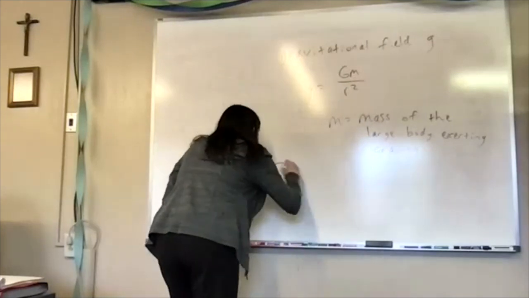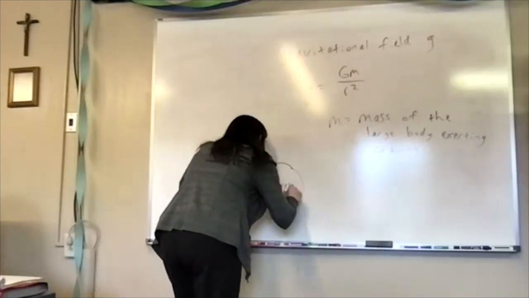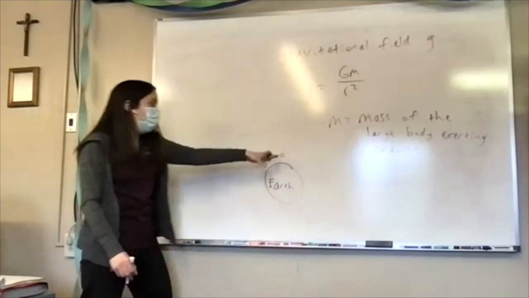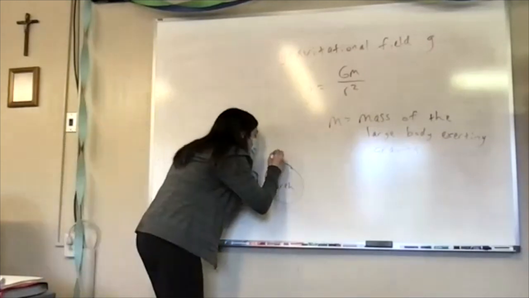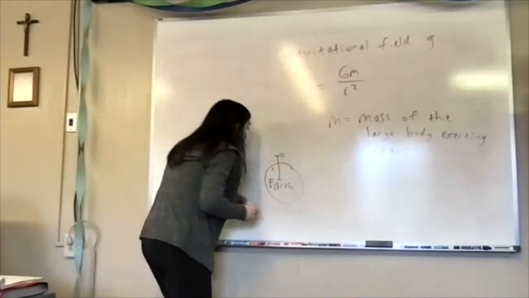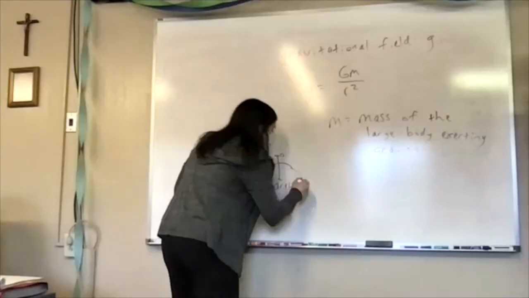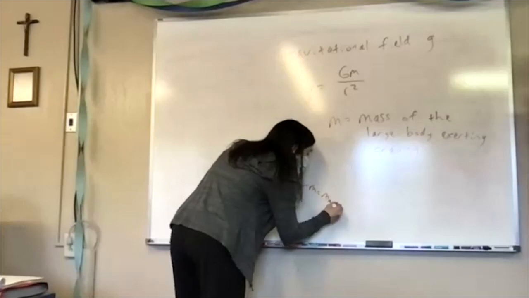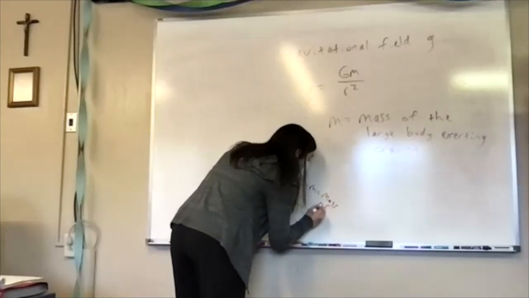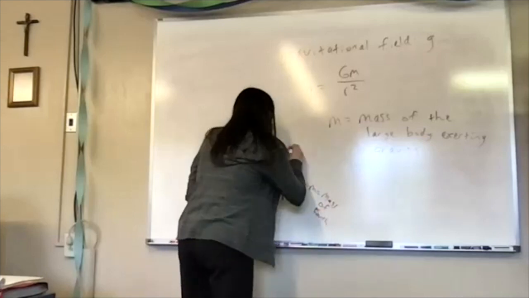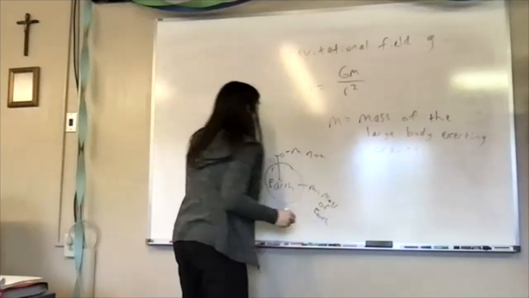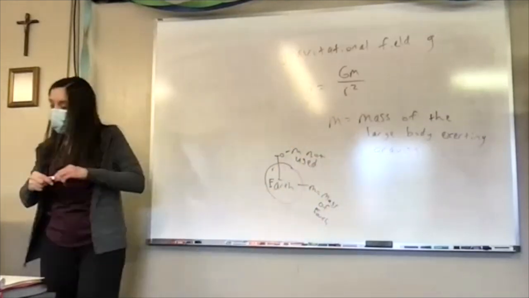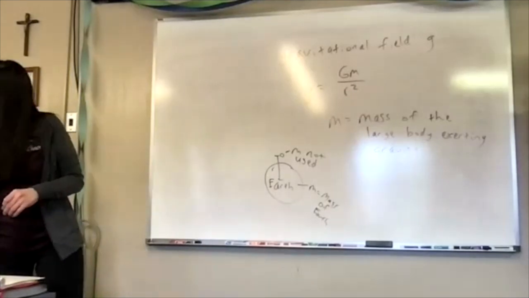So if you want to know the field that a bowling ball feels this far away from Earth, from here to Earth's core would be R. You would use the mass of the Earth. The mass of the bowling ball is not used in the equation, so it does not matter.